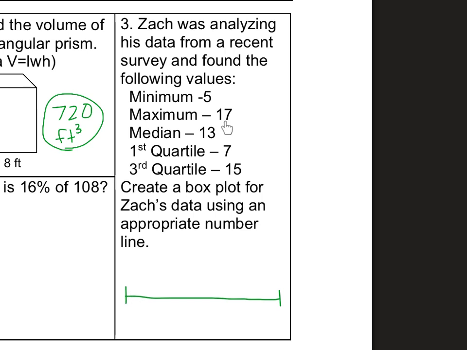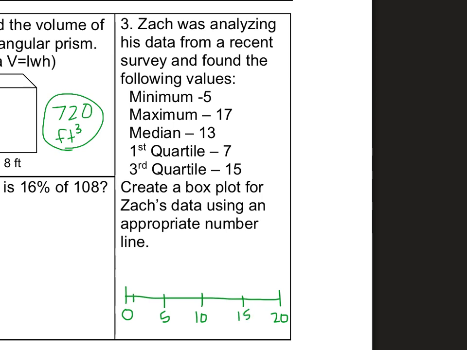And then 17 is the end. Right, that's our maximum, so that's not going to be the very end of my line. My line's going to go just past 17, so I'm going to actually start at 0, and I'm going to go to 20, and now I'm just going to divide this up, so half would be 10, and then half of each of those would be my 5 and my 15.